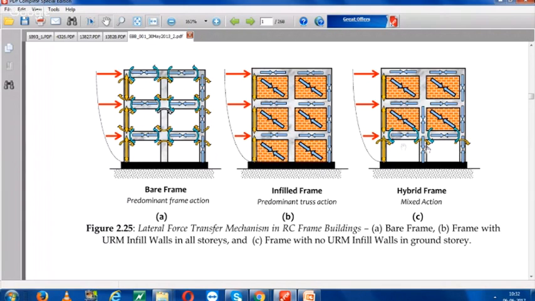Now in the third picture, the upper floors are having infills, but the lower ground story is not having any infill walls or any shear wall. So in this case, all the forces will be concentrated at the lower portion of the structure, and you will have the additional moment of earthquake forces in this region.